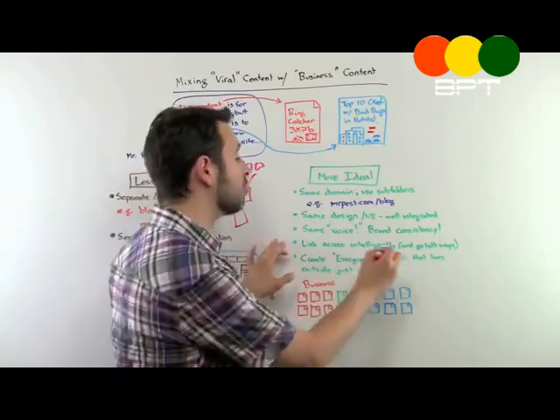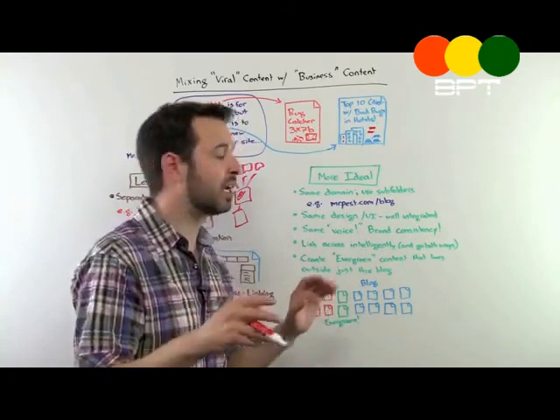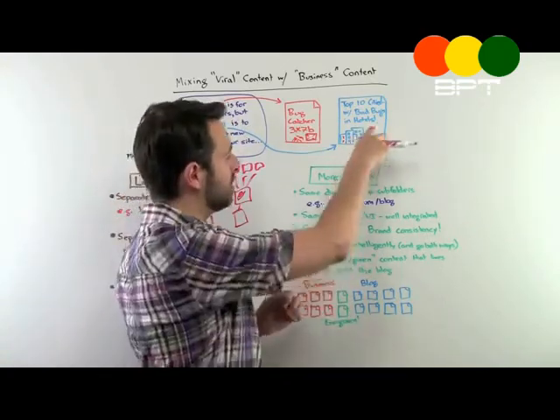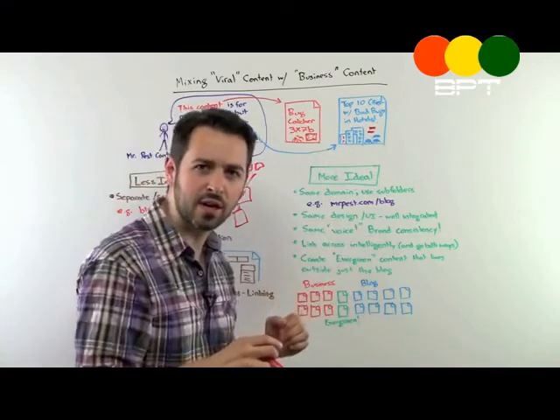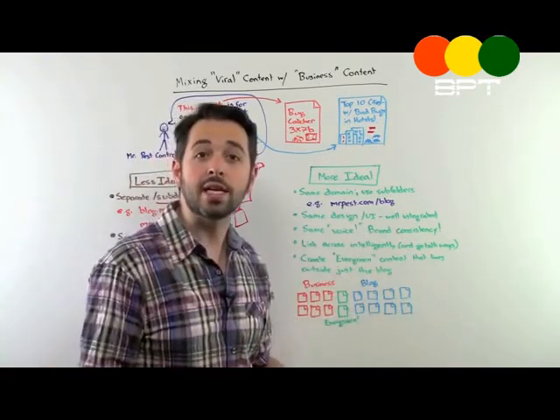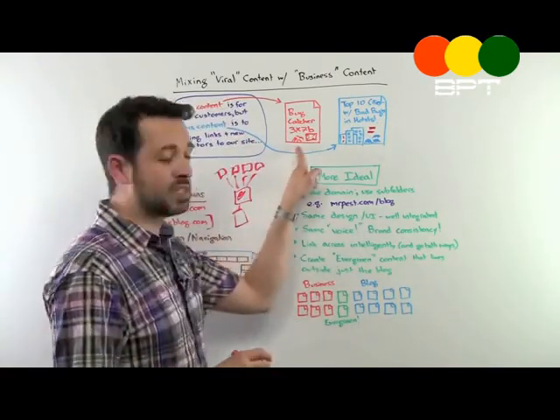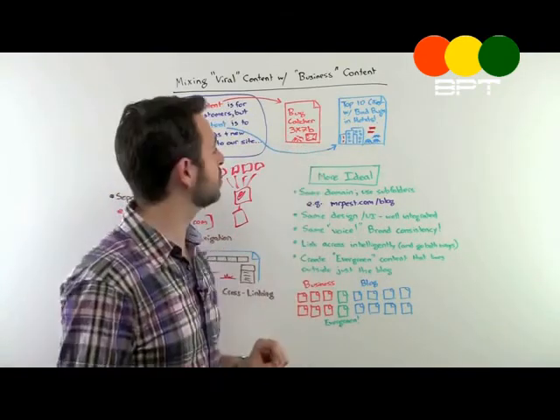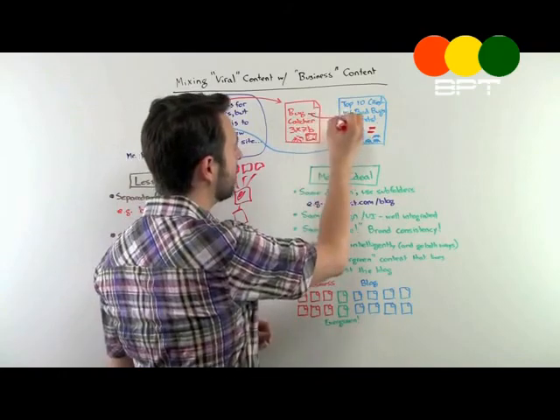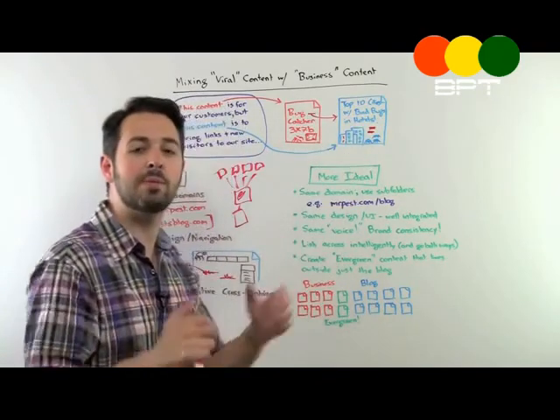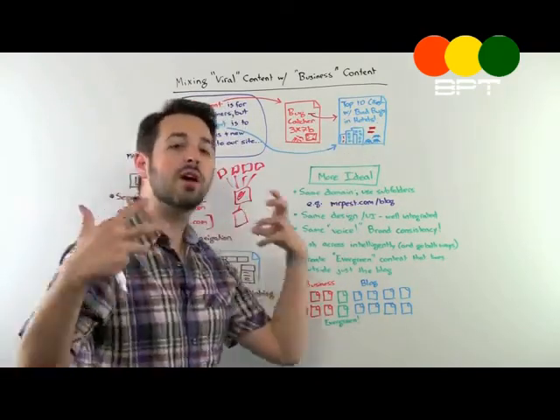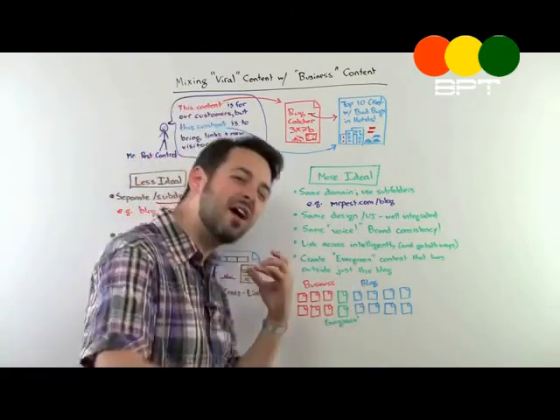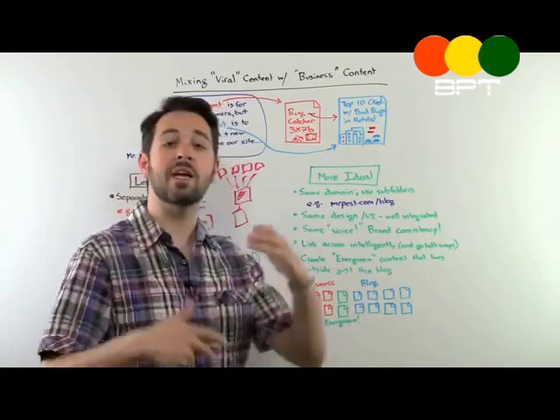Link across intelligently. And by intelligent, I don't just mean the examples I was talking about before where this hotel mentions the 3x7b, so I'm going to link over there. But I mean, link both ways. If this article is saying, hey, this is something used by some of the world's finest hotels, that might be a link that points over to the blog post and gets people out of the pure context of I'm just buying and shopping, but cool, they have this content that kind of engages me and entertains me and educates me.